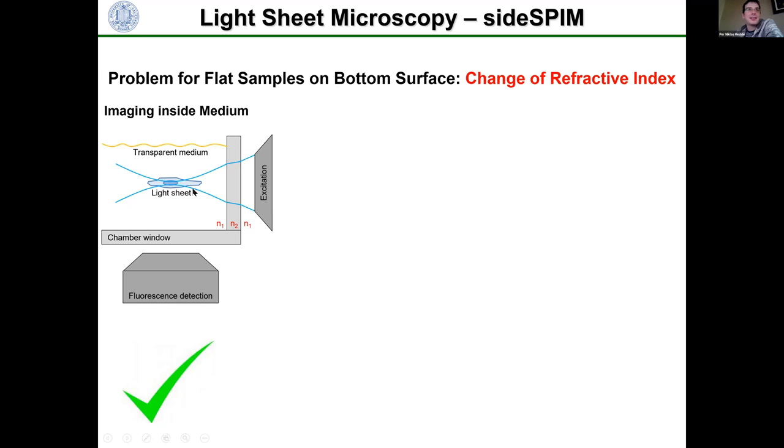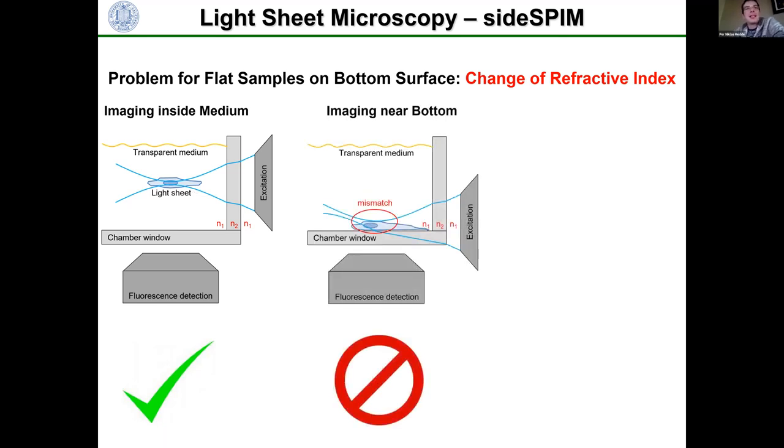You can just take your data and that's it. However, if your sample would be at the bottom, for example, the cell would adhere to the bottom of the chamber, then you would have a problem because now you have a mismatch of the refractive index between the glass that the excitation beam has to go through and the medium, which is on top.